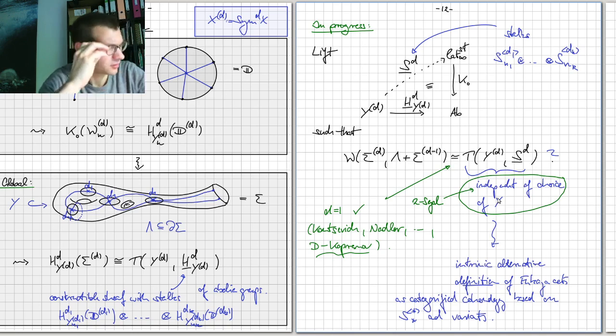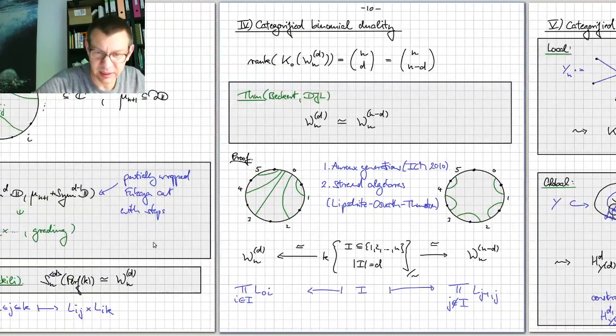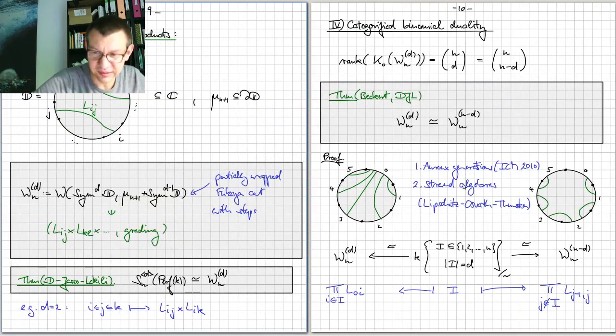So, I don't know if it relates exactly to these kind of configurations, but there are statements of this type which are generation statements, right? In order to generate the Fukaya category, you don't have to write down all the Lagrangians, but there's a certain subclass which you can write down, and then there are different collections of generators. And Auroux has proven a result which is as beautiful as it can be.